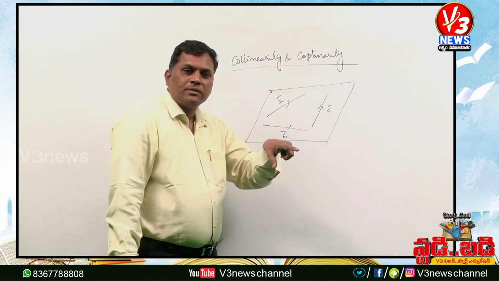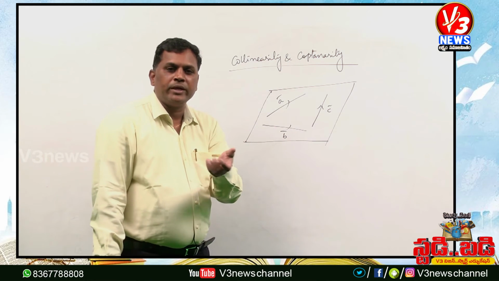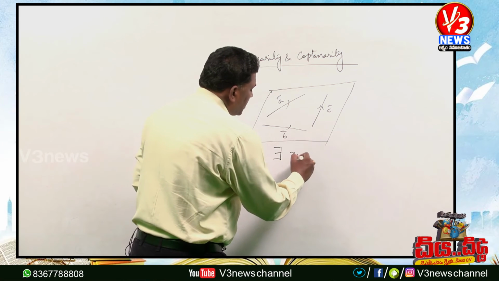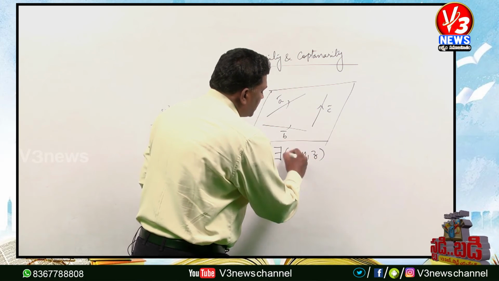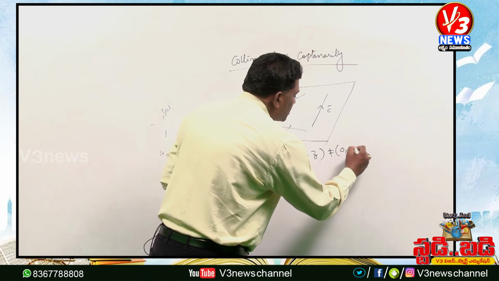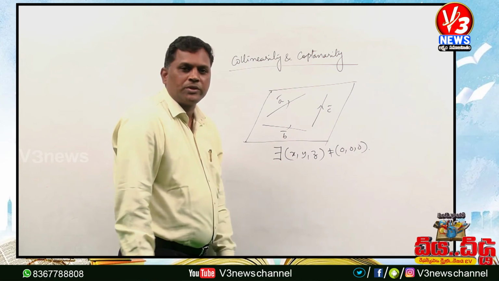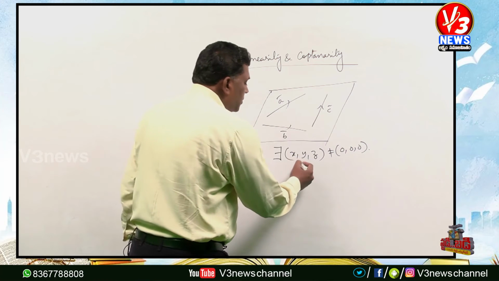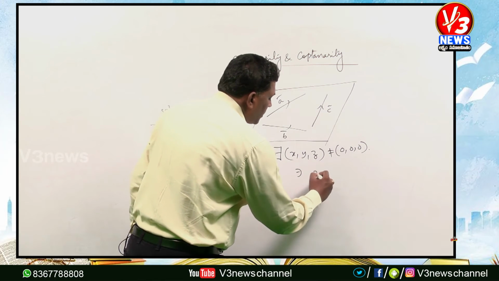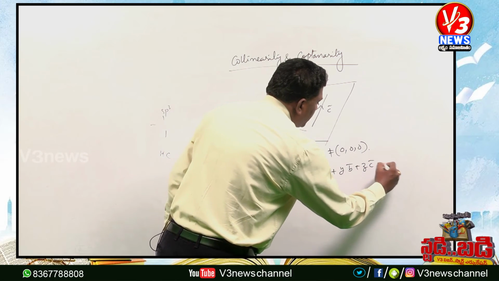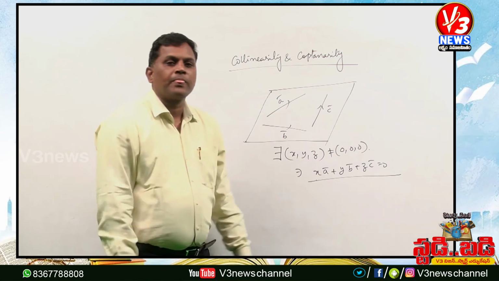Mathematically, there exist some real numbers x, y, z, not all zero simultaneously, because if all are zero you get 0 equal to 0, which gives nothing, such that x A bar plus y B bar plus z C bar equals 0.